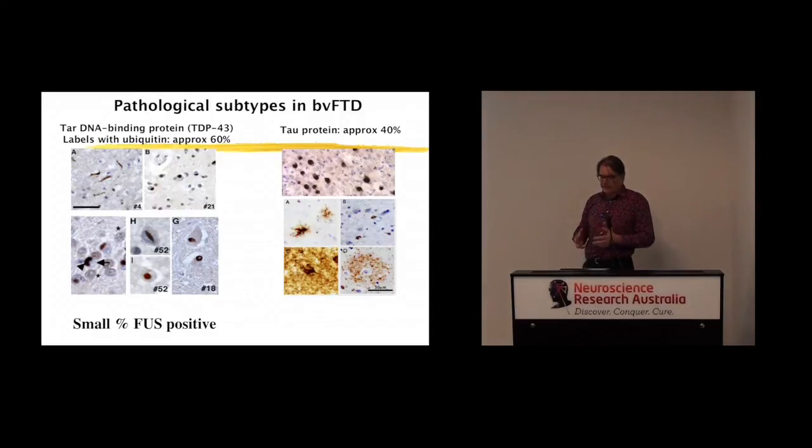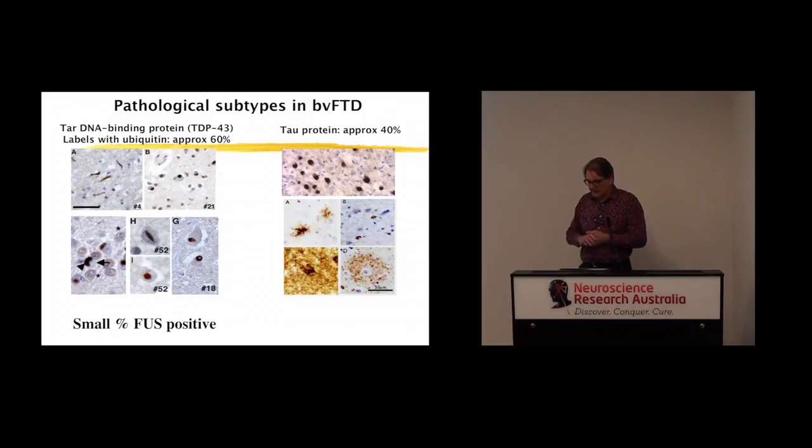Now, when patients present with behavioural variant FTD and they die, a proportion of them have the C9 mutation, but pathologically they can have either of these pathologies. And we're not very good at the moment of saying which patient has which pathology.